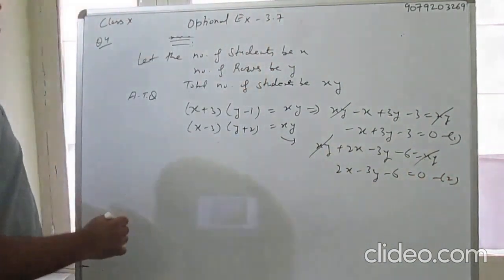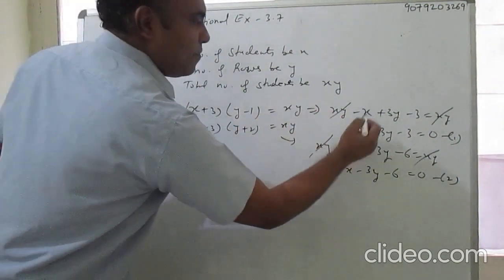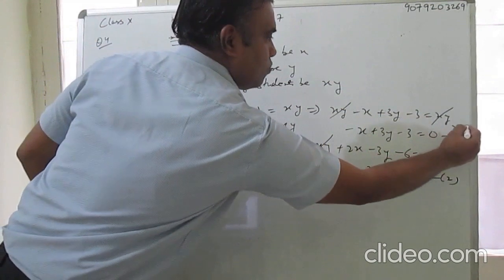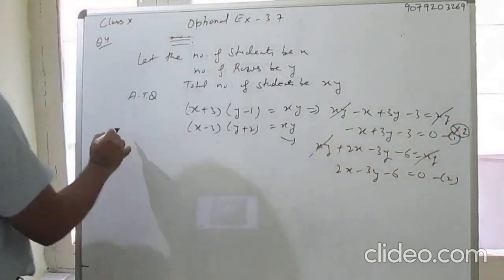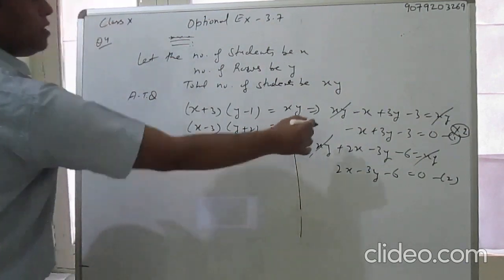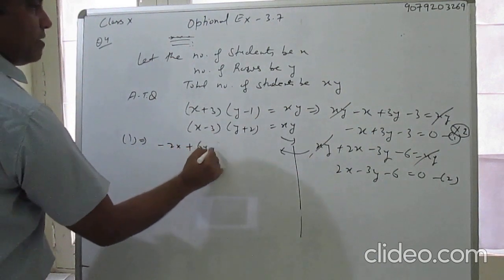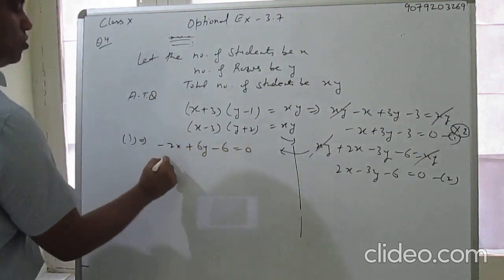Now see, this is equation 2 and this is equation 1. So if I multiply equation 1 by 2 and rewrite again here, you will get minus 2x plus 6y minus 6 is equal to 0.